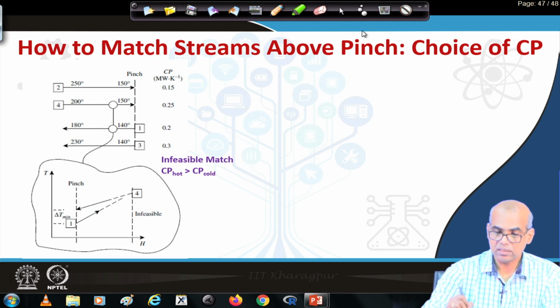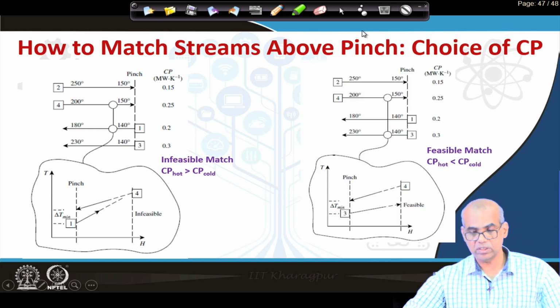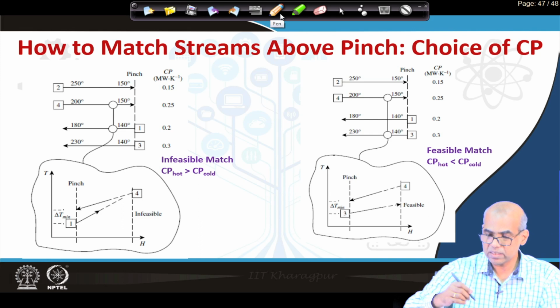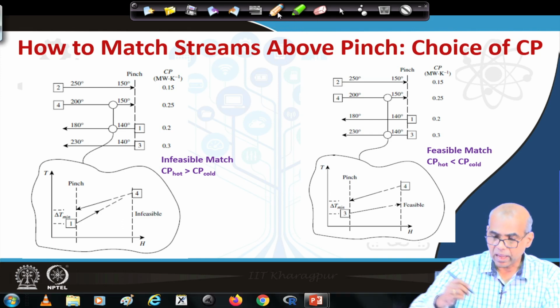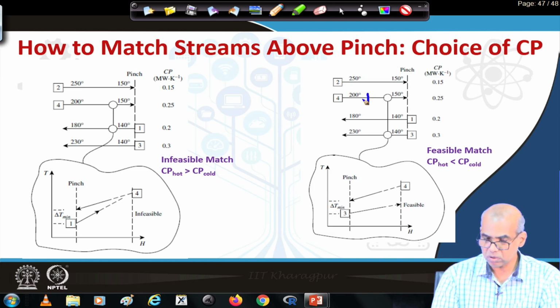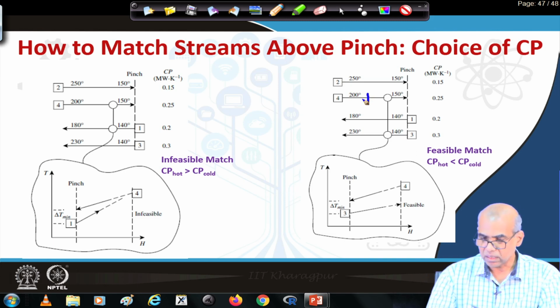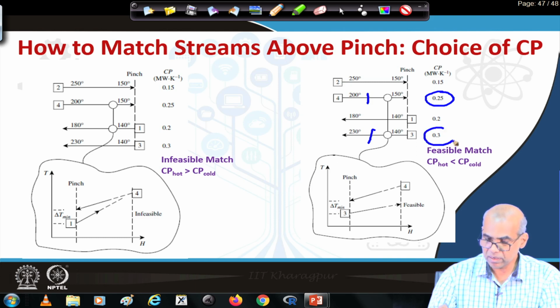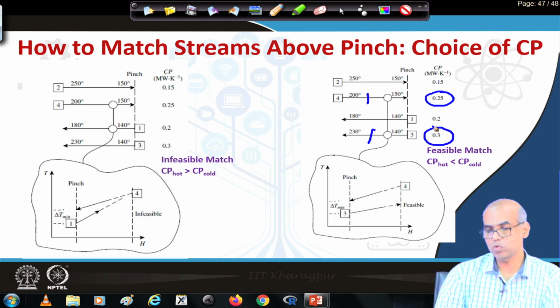Now, let us consider the reverse situation where Cp hot is less than Cp cold, and this happens when I want to match the hot stream 4 with the cold stream 3. So, hot stream 4 has a Cp value less than the cold stream 3's Cp value, 0.25 versus 0.3.